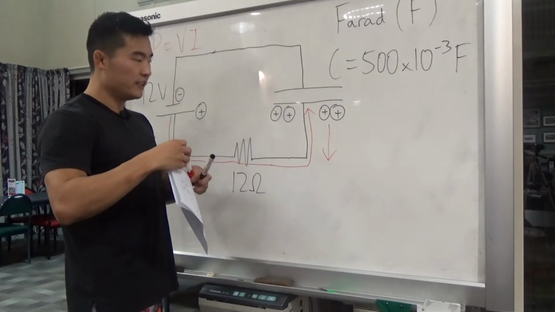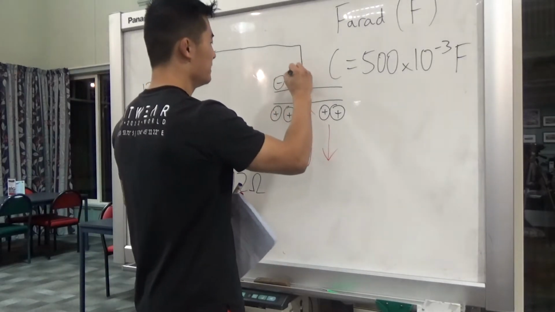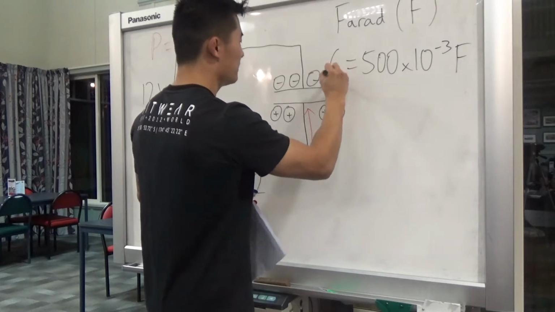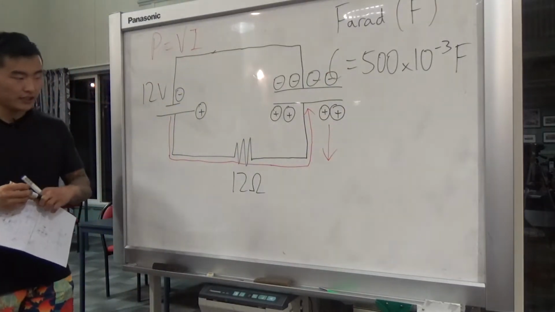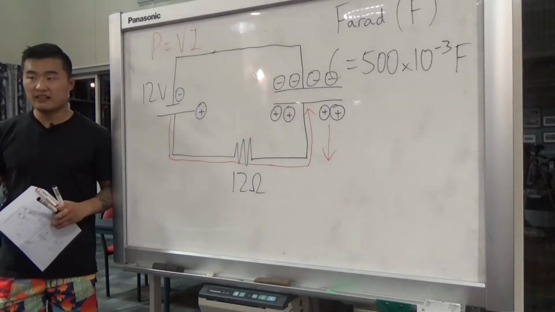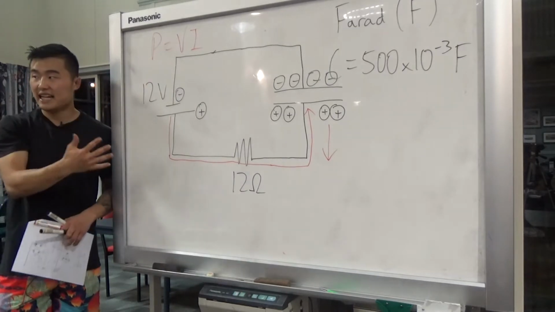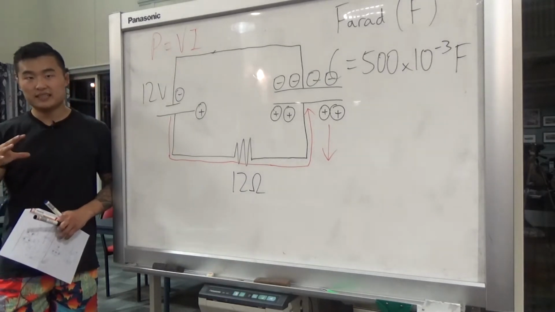It'll start to develop a potential difference across this capacitor plate. What that means is that the current is going to start to slow down, and if the current decreases, the power is going to decrease, which means that the light will start to get dimmer.